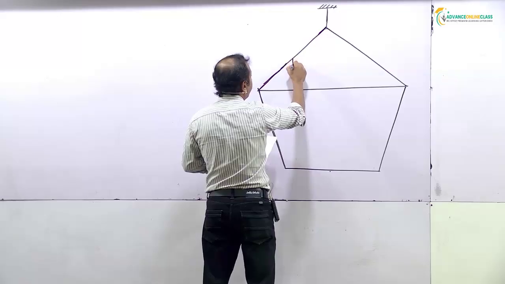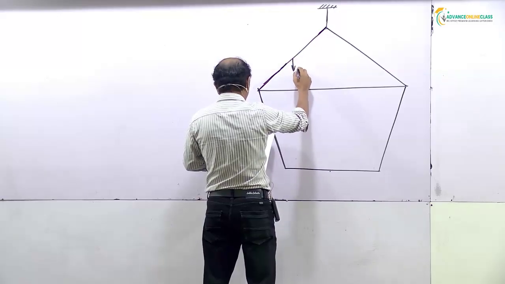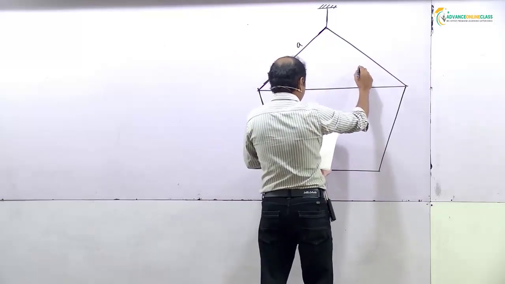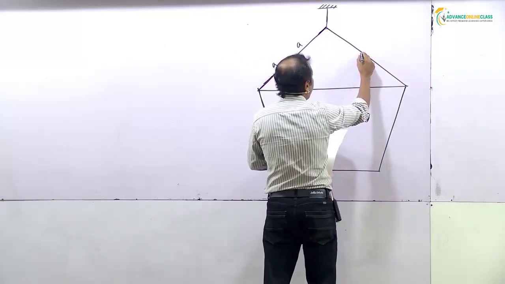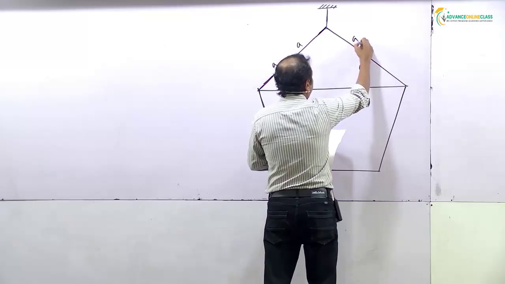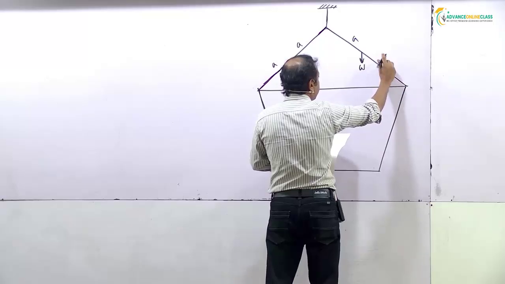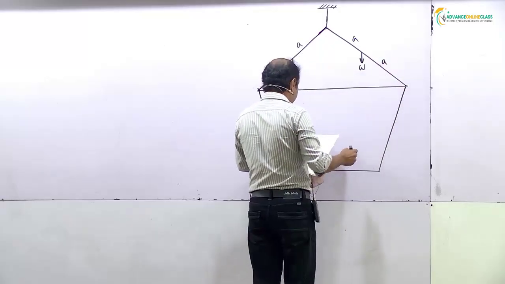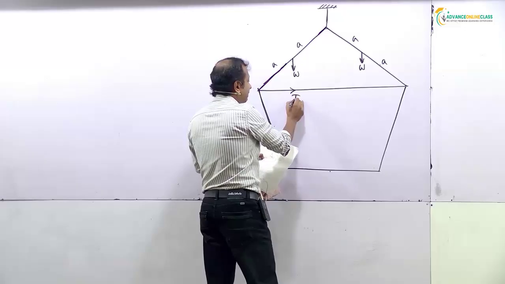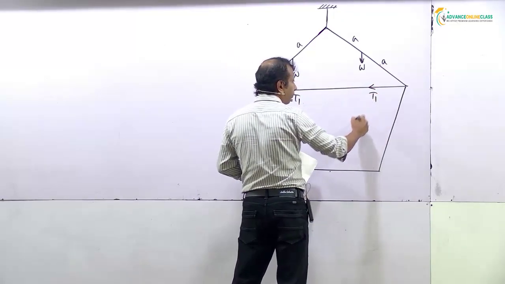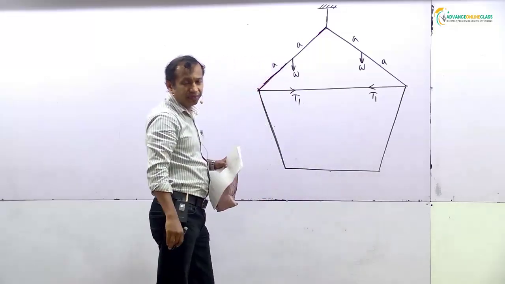The weight W, this length is A, this is A. Here also weight W, A and A. The tension I'll take here. Sometimes this rod should have a thrust.